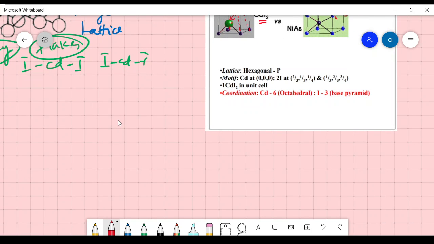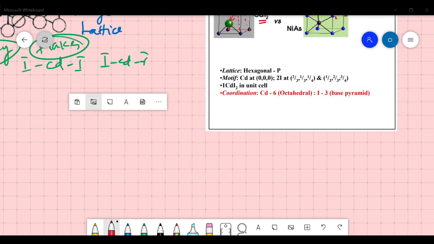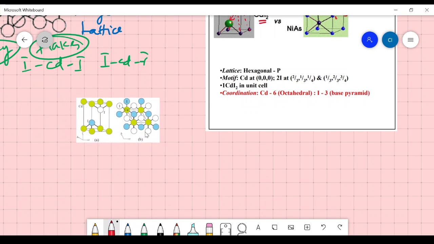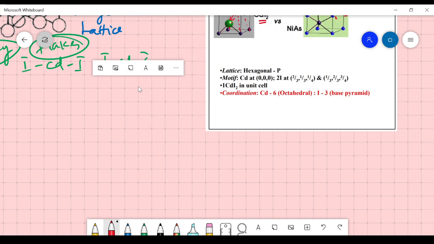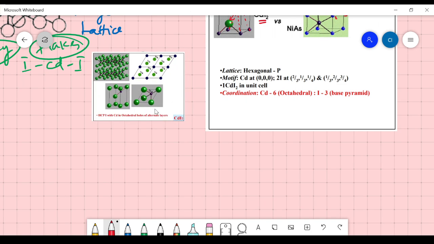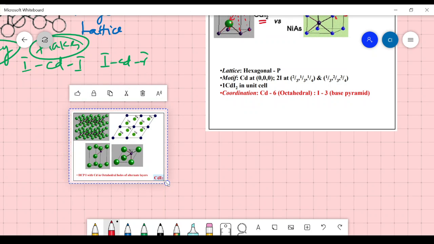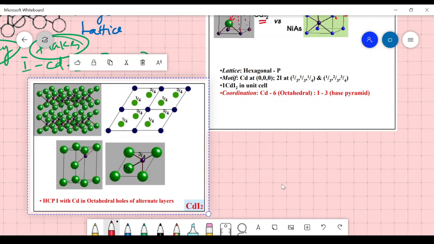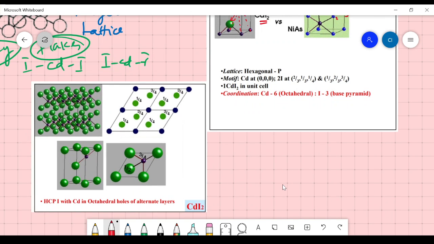So in another picture, I can just show you the comparison there. Unless you draw it, it's not going to be very useful to you. CdI2 structure. Yes, here it is. You can see how the cubic structure is going to take up the cubic structure.